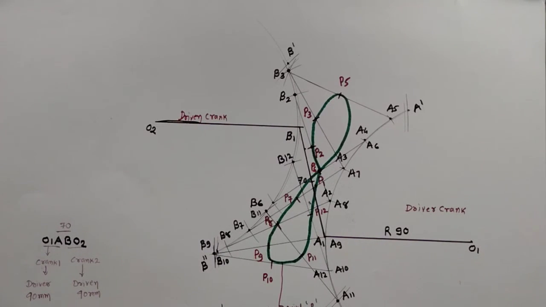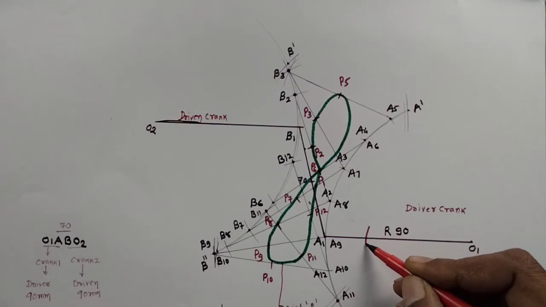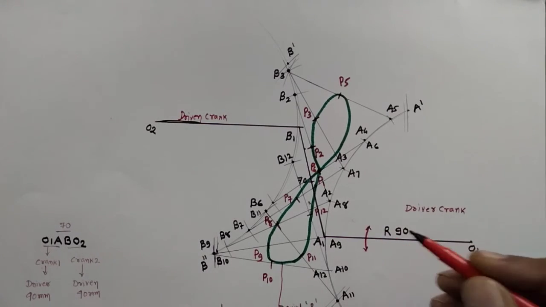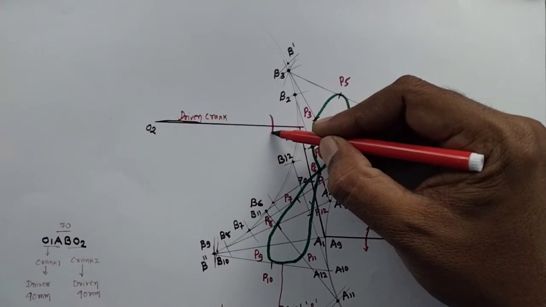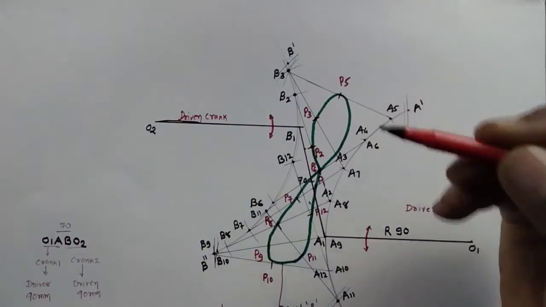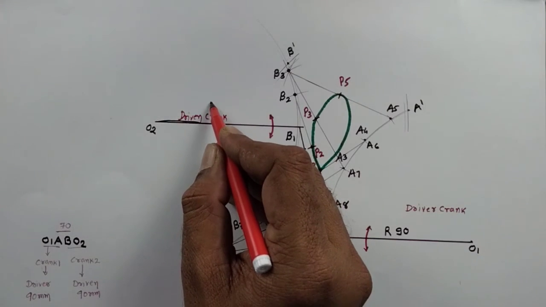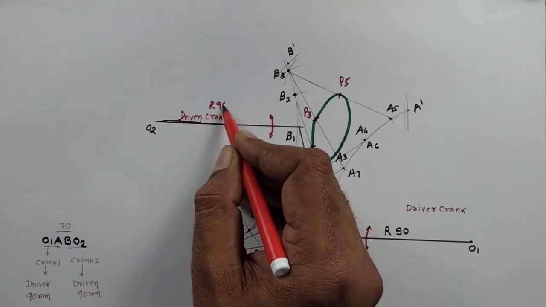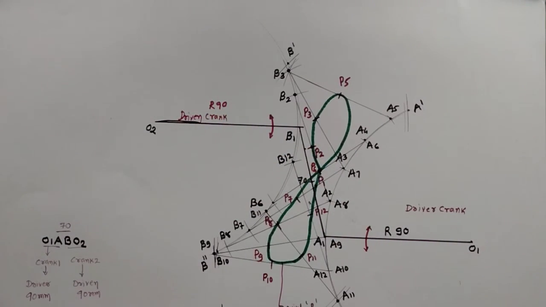And what you understand, both cranks are oscillating. Our driver crank and driven crank both are oscillating. So now this is an important problem in 4-bar chain mechanism.